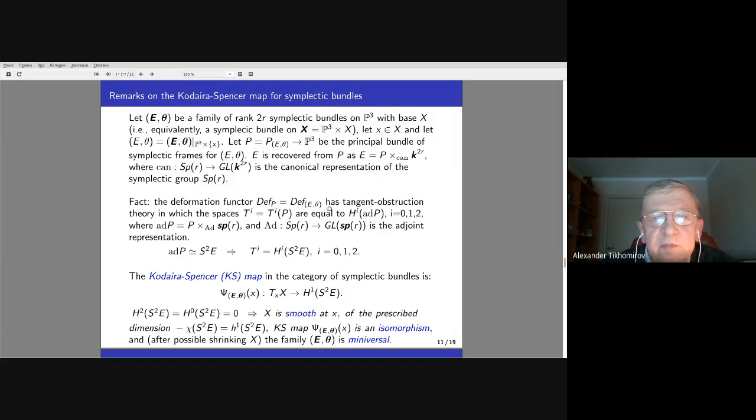It has a tangent-obstruction theory in which the spaces T^i of P are just equal to H^i of ad P, where ad P is the adjoint vector bundle, that is, the vector bundle associated to P via the adjoint representation of the symplectic group in its Lie algebra.